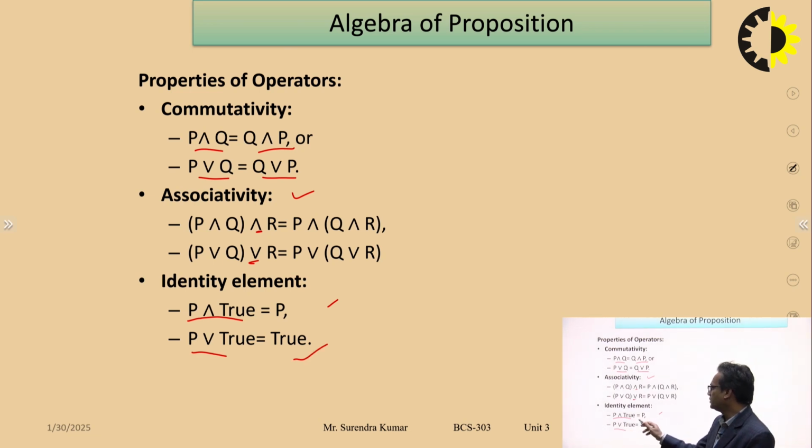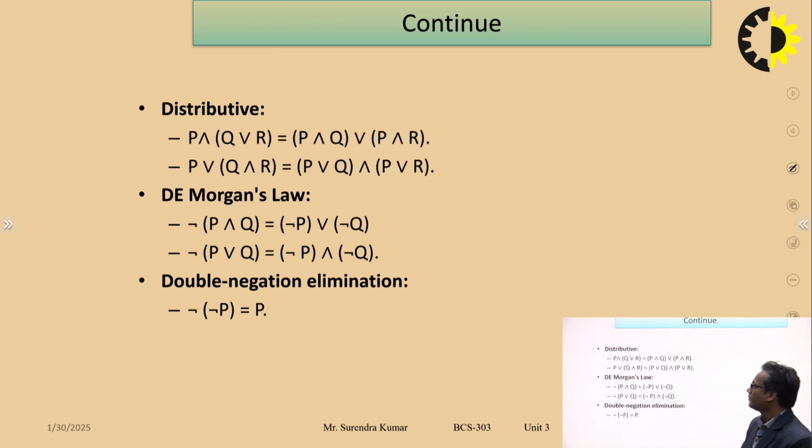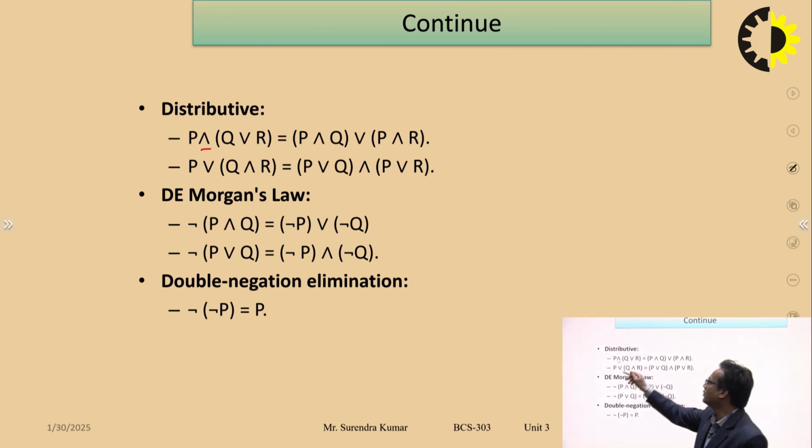If there is one true, it will always be true. Distributive property: you distribute AND over OR, and OR over AND.